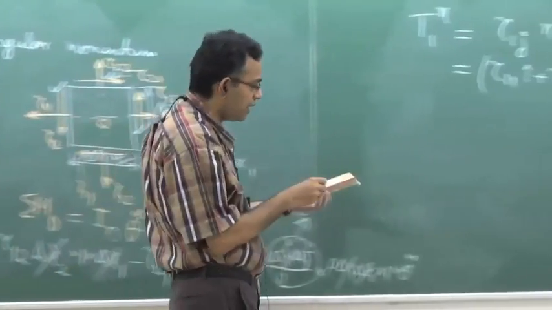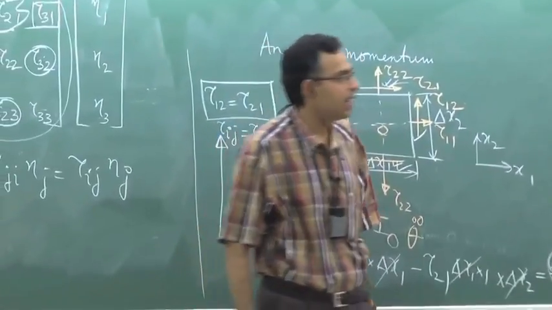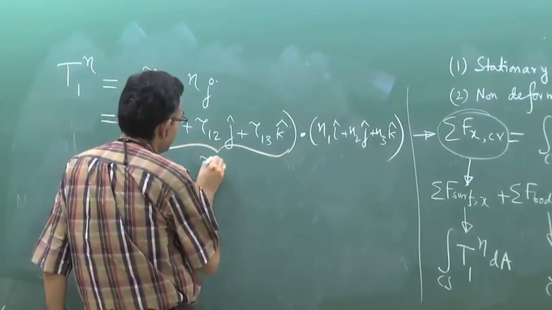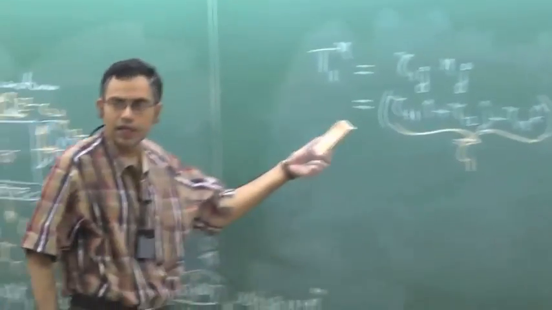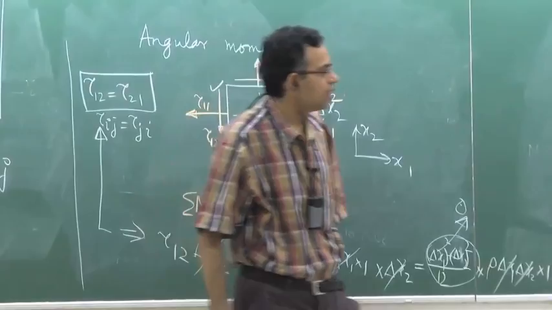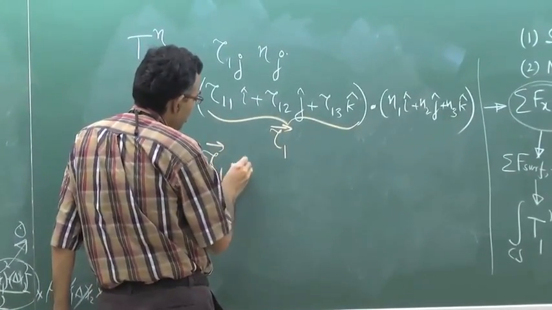Right, we have made a vector, artificially made of course, a vector like this which we represent in this way. Let us give this vector a name, tau 1, we can give any name. So, this is tau 1 dot eta.